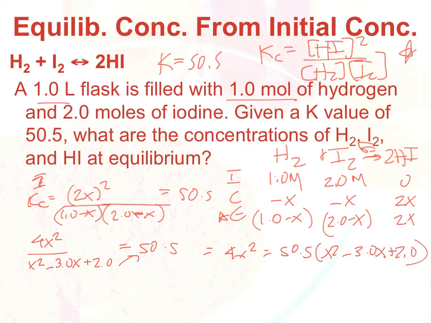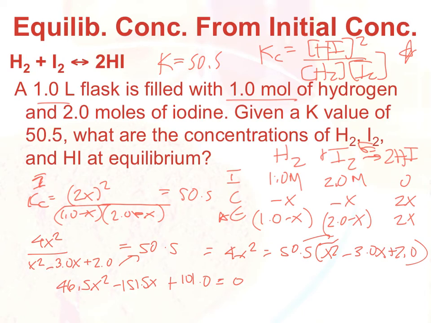And then if we multiply through all of these and bring everything over to the left-hand side, we will end up with 46.5x squared minus 151.5x plus 101.0, all equaling 0.